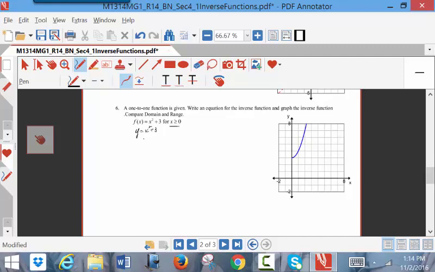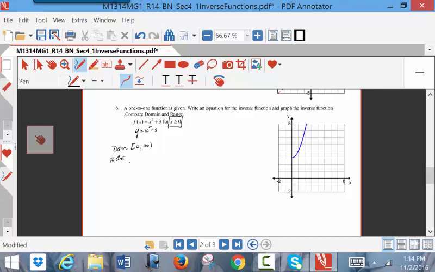Looking at this one, when they give me x greater than or equal to 0, that is telling me my domain. We have to limit this so it'll be one-to-one. So the domain is where x is greater than or equal to 0, or 0 to infinity, which you can just see from the graph. Still looking at the graph, what is the range?